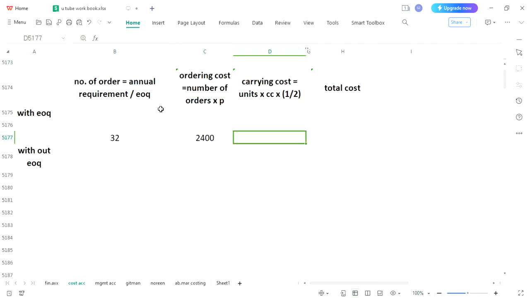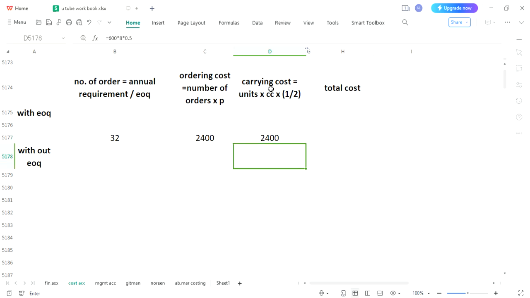So we have got 600 number of units, and then you will multiply it with carrying cost, which was 8 we have just calculated, and then you will multiply it 1/2. 1/2 means 1 divided by 2, and you will get 0.5, half. So this way your carrying cost would be calculated as 2400.